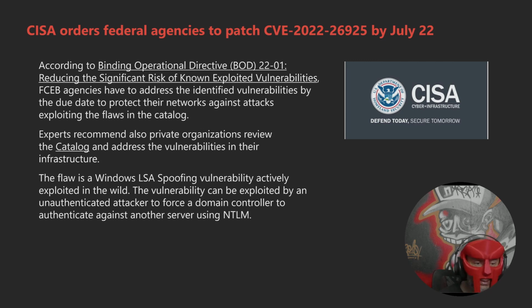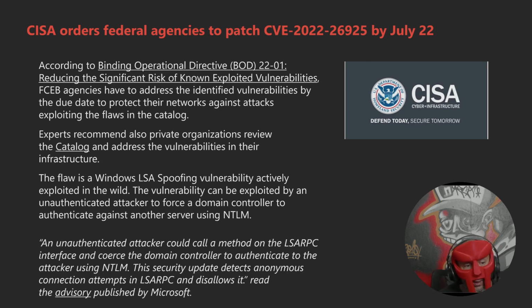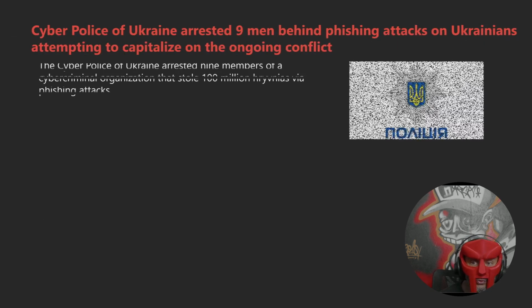The vulnerability can be exploited by an unauthenticated attacker to force a domain controller to authenticate against another server using NTLM. An unauthenticated attacker could call a method on the LSARPC interface and coerce the domain controller to authenticate to the attacker using NTLM. This security update detects anonymous connection attempts in LSARPC and disallows it, reads the advisory published by Microsoft.